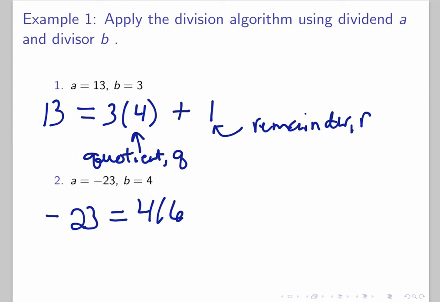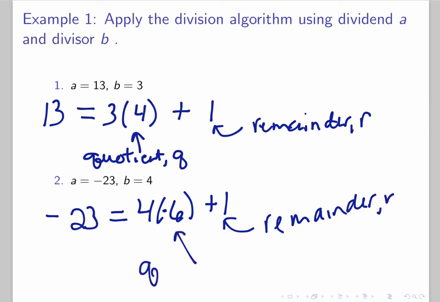So I'll take 4 and multiply it by negative 6. And so 4 times negative 6 would give me negative 24. And then I can add 1 to that to get to negative 23. So again, we have a remainder of 1. But this time our quotient was negative 6.